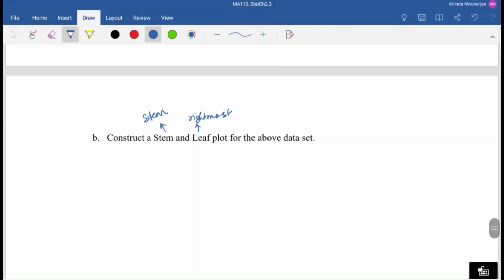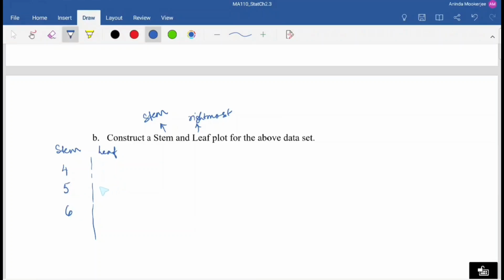Now, this problem, I'm going to just give you directions on how to complete it, but I will expect you to complete it on your own. All right. So we will partition our numbers into leaf and stem, and the stem values are 4, 5, and 6.